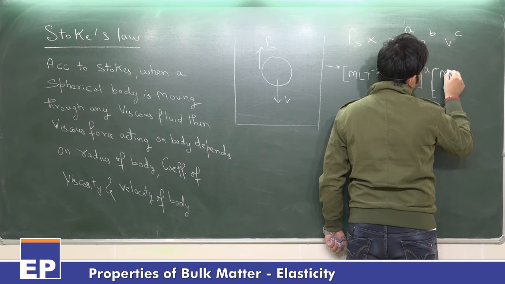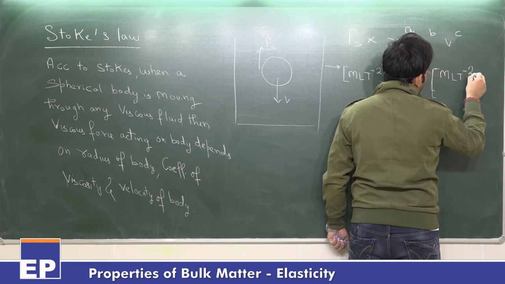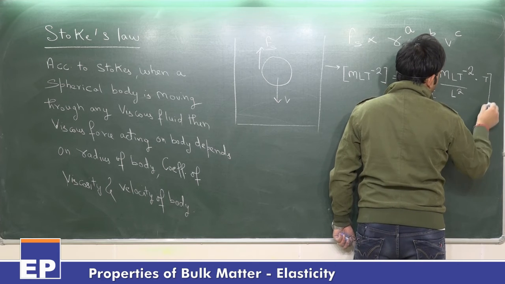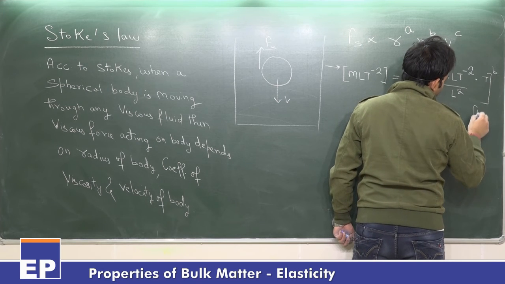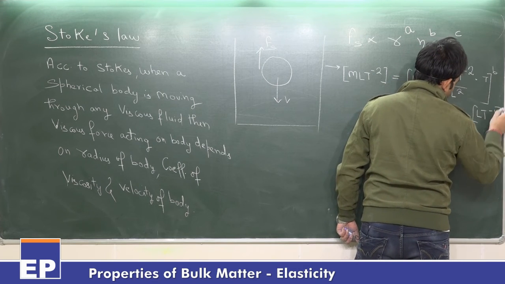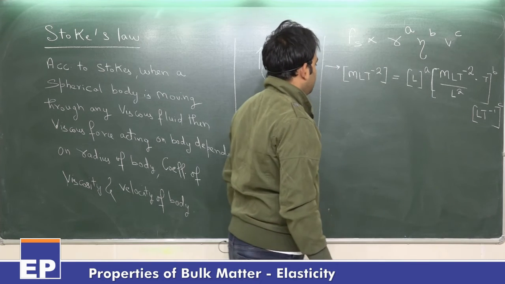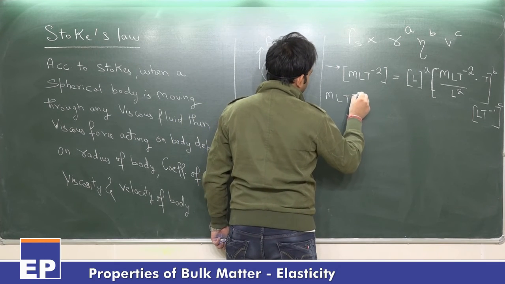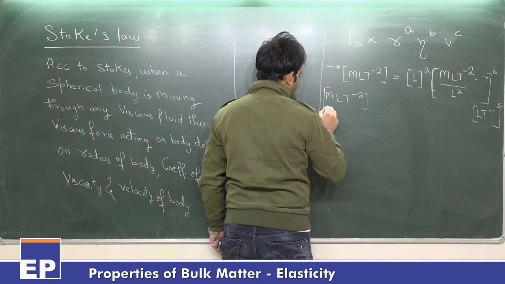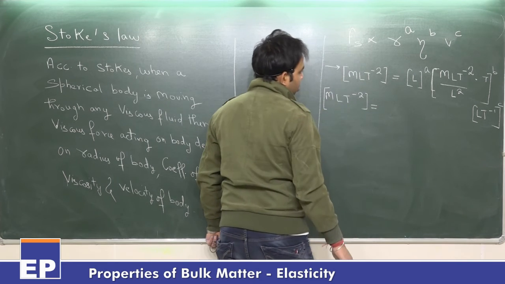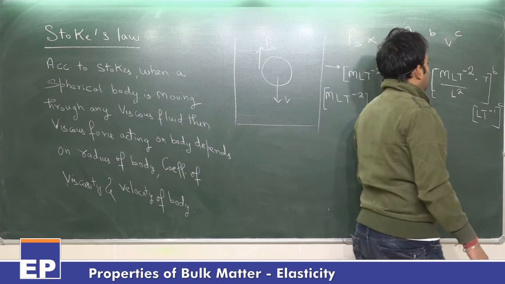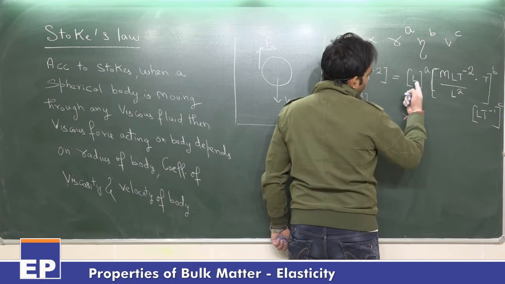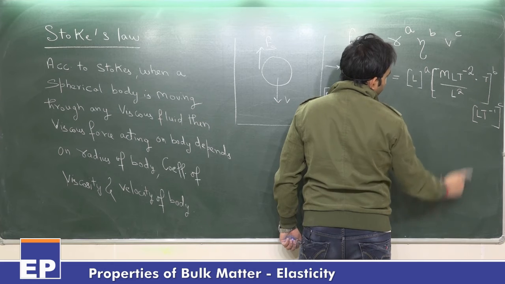If you solve it, V is L T minus 1 raised to power c. So M L T minus 2 equals this is L minus 1, L to the power a, L minus 1 raised to power b, L to the power c.